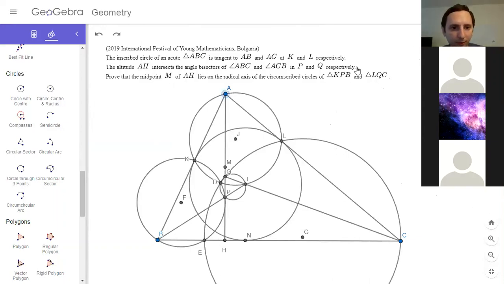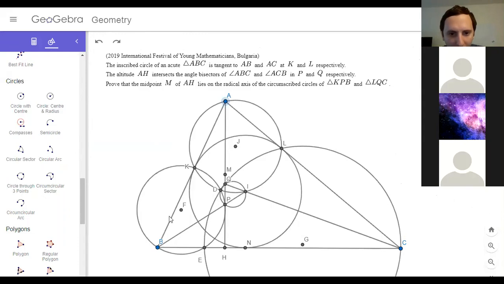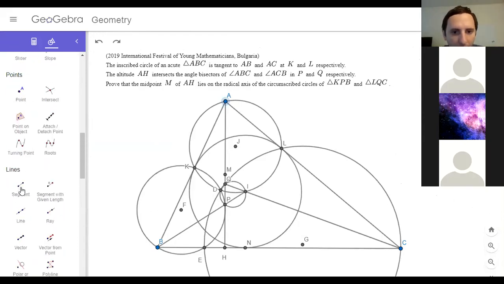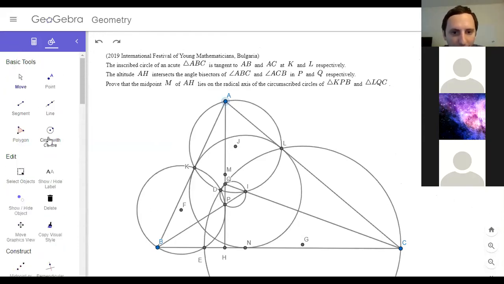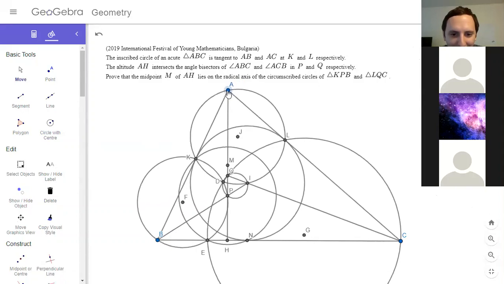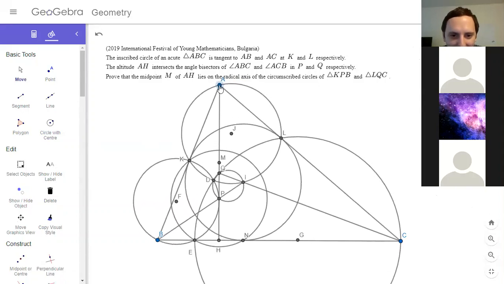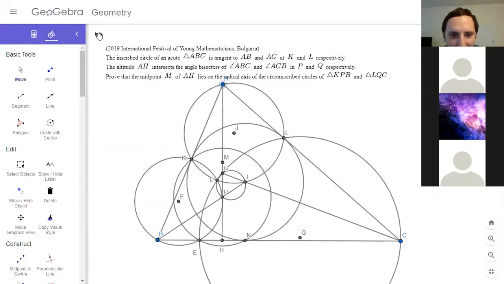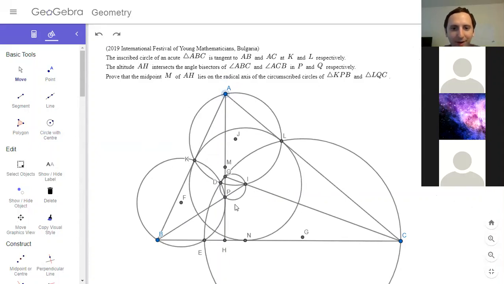Is P the circumcenter of KEN? That would be interesting. Yes, it looks like it. Very nice observation. Let's see if we can prove that. So we want to show P is the circumcenter of KEN.